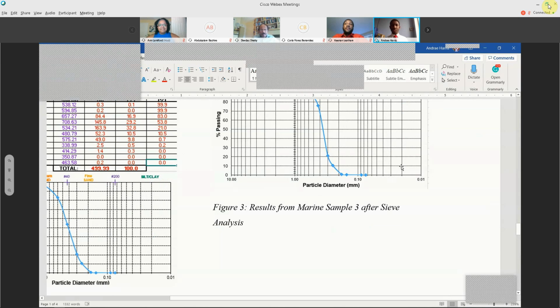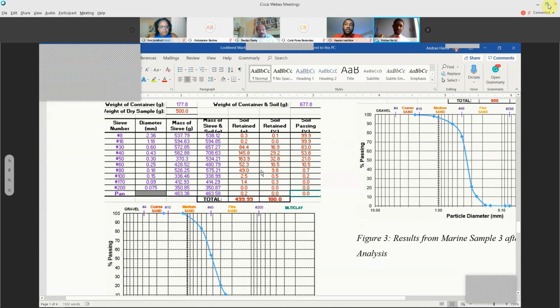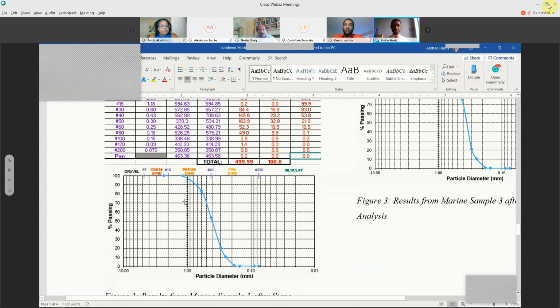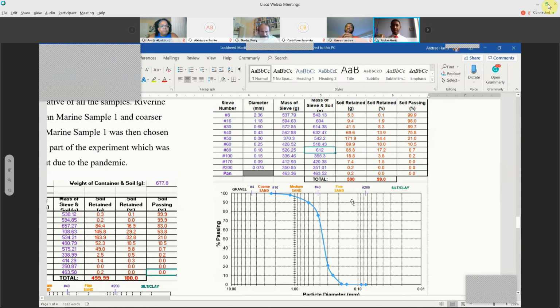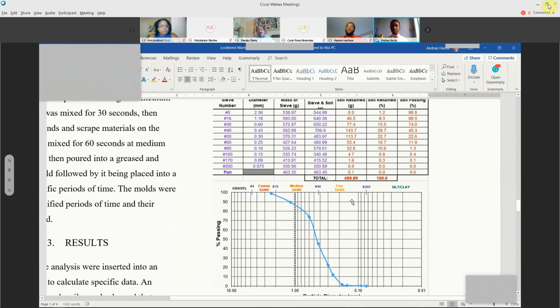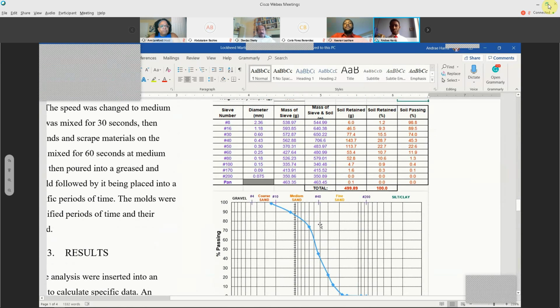Okay. So to your left, this is for marine sample number one, just to give you guys an idea of exactly what my results were. Right here we have marine sample number two, and you can see a very different graph.